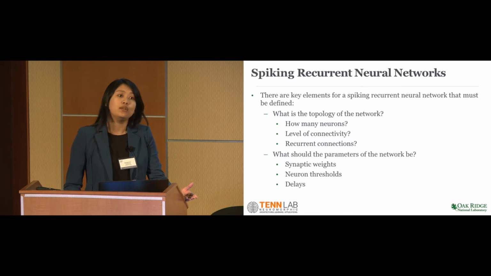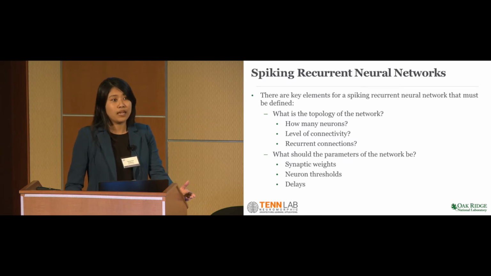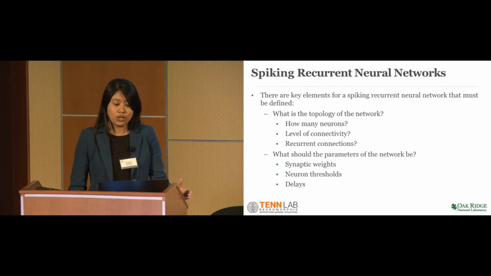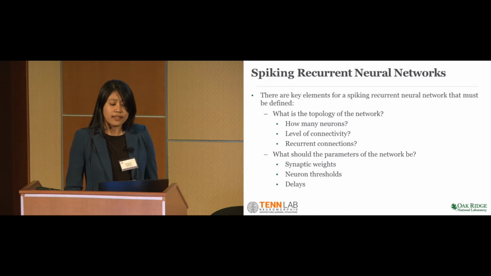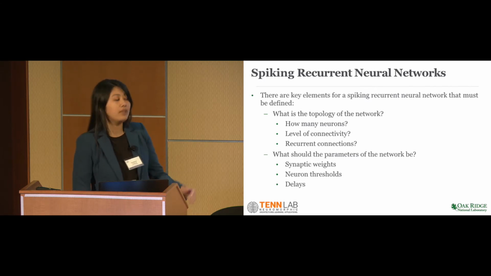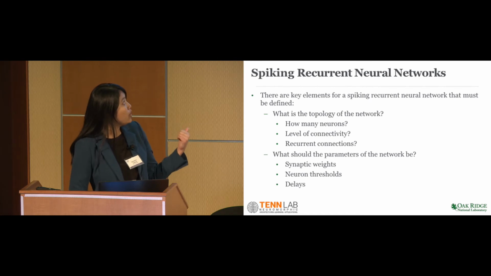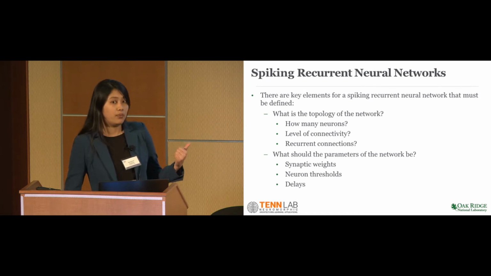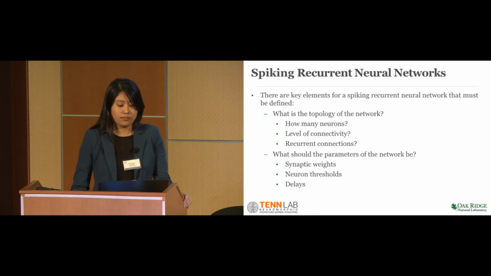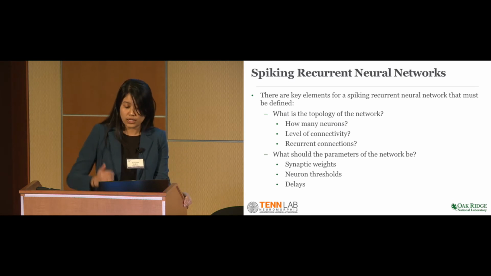We also look for any feedback connections between the neurons of one layer to the other, which refers to whether recurrent connections are present or not. And one of the most important things is the parameters of the network. I think we have mentioned 3 of the most important parameters here: the weights of our synapses, the thresholds of our neurons, and the delays of one connection to the other.